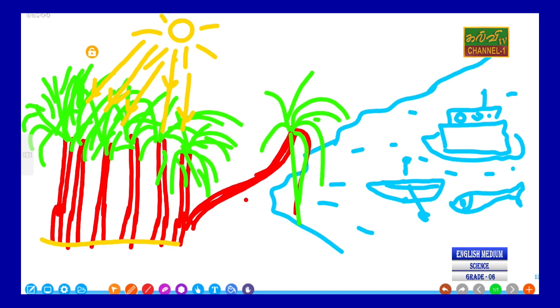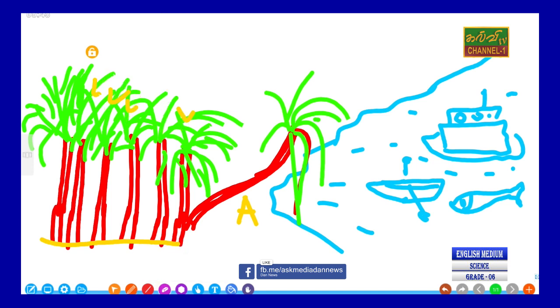But this coconut doesn't like competition inside. It tries to get light freely. Understand? So it can get light freely.